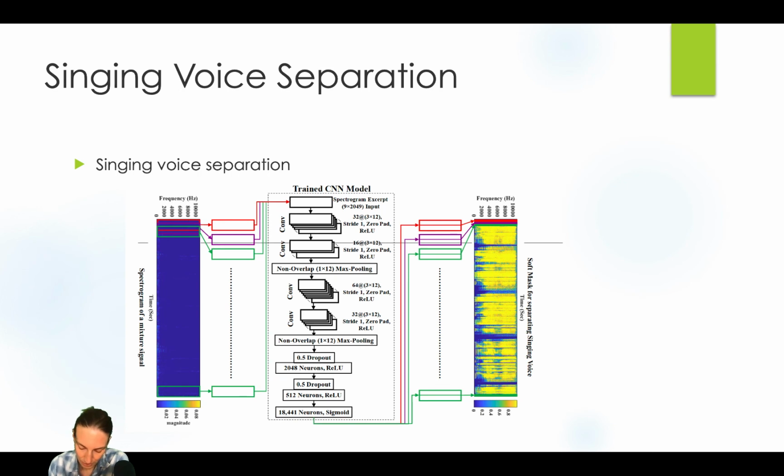We use a very deep convolutional neural network here. Input spectrogram, then convolution, max pooling, which you all know now, convolution, max pooling, dropout for regularization, flattening, fully connected, and finally sigmoid prediction.